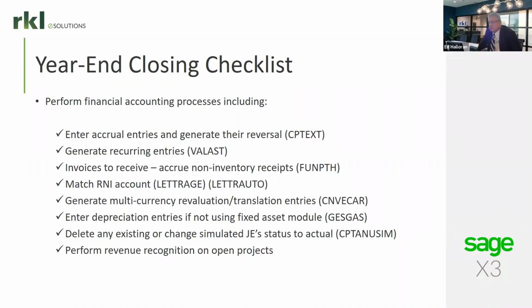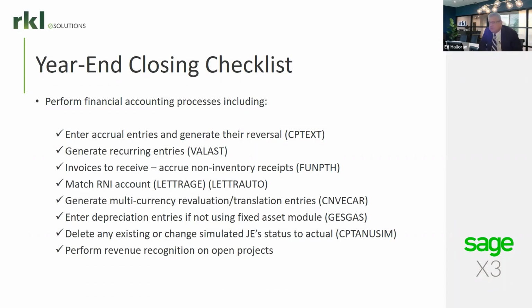So if you check the box to reverse it and you haven't reversed it, just make sure you generate it or change the box to no, that you don't want to reverse it. If you're using recurring entries for depreciation or other types of transactions, you'll want to generate those. There's no error on that, but you'll want to make sure that you do that.